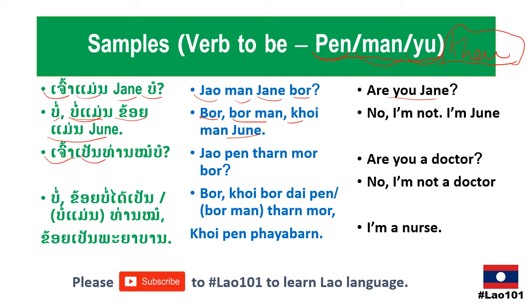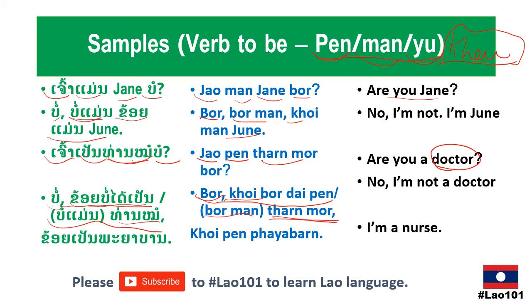เจ้าเป็นท่านหมอบ่ Are you a doctor? With ท่านหมอ, the word for doctor here, you actually can remove it and use an occupation instead. เจ้าเป็นท่านหมอบ่ บ่ข่อยบ่ได้เป็น, or you can say บ่ข่อยบ่แม่นท่านหมอ. บ่ข่อยบ่ได้เป็นท่านหมอ, or you can say บ่ข่อยบ่แม่นท่านหมอ.